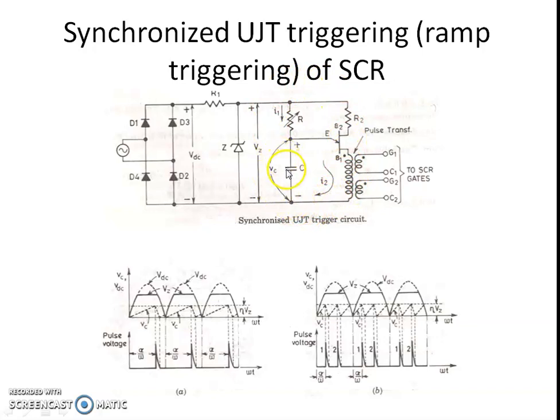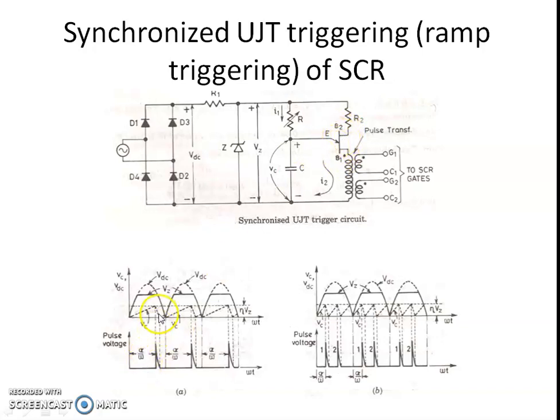Then the capacitor C charges through the resistance R towards the Zener voltage Vz. Whenever the voltage across the capacitor Vc is equal to eta VBB plus Vd, the emitter B1 junction of the UJT breaks down and the UJT turns on.